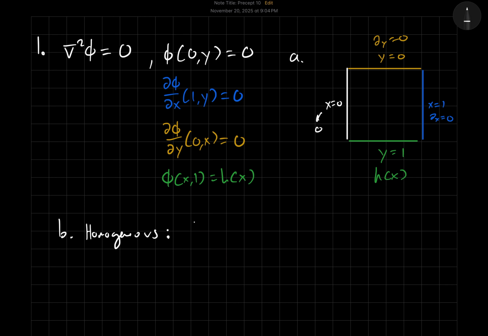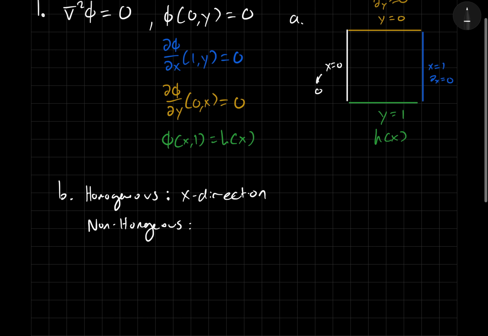So over here, we know that x is always going to be 0, and therefore the x direction is homogeneous. All right, then for the y direction, even though one side of the y direction is equal to 0, the other side is equal to h of x, meaning that this is actually not homogeneous.